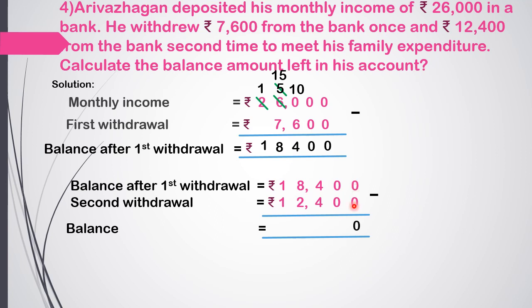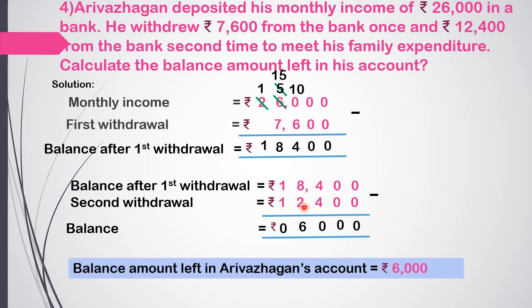So 0 minus 0, 0, 0 minus 0, 0, then 4 minus 4, 0, then 8 minus 2. What is 8 minus 2? 3, 4, 5, 6, 7, 8. That is 6. Then 1 minus 1, 0. So the balance amount left in Arivalagan's account is rupees 6,000.